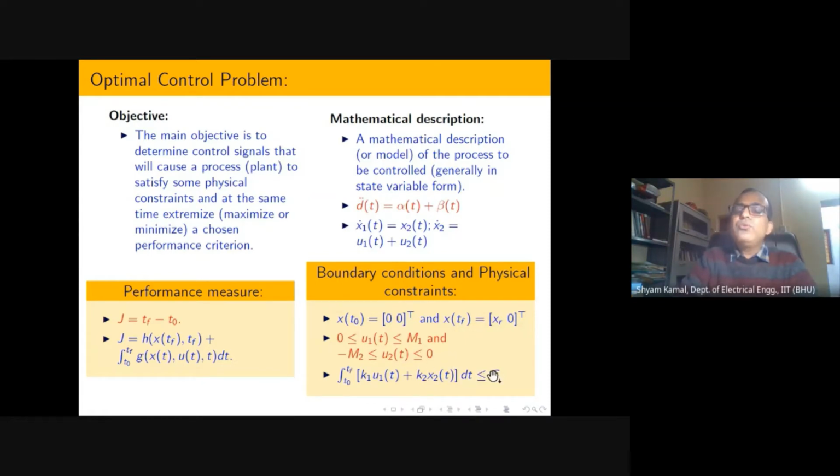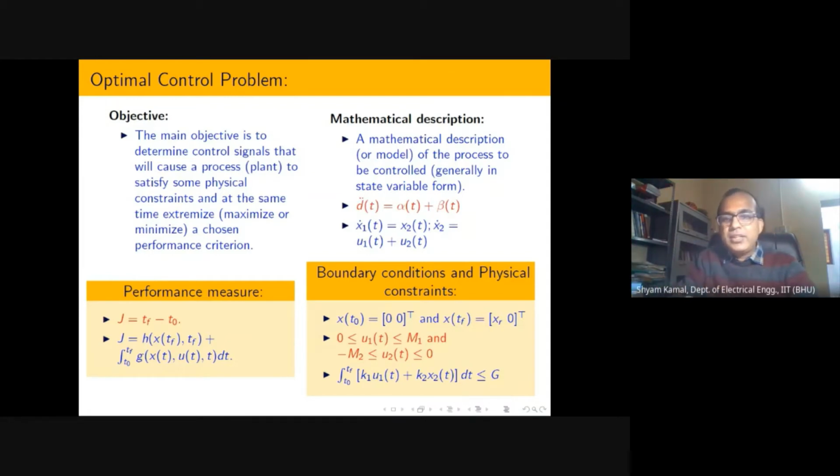Whatever fuel we are going to use, I start at T0 and end at TF. In this whole journey some fuel is consumed, and I am assuming that the rate of consumption of fuel is proportional to the acceleration and how fast we are going to move. Due to that reason this type of expression comes into the picture, and G tells the amount of fuel, or gallons of gas.